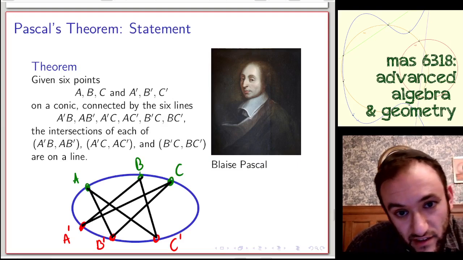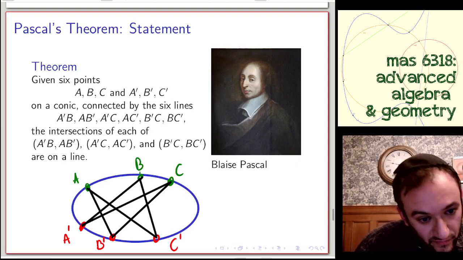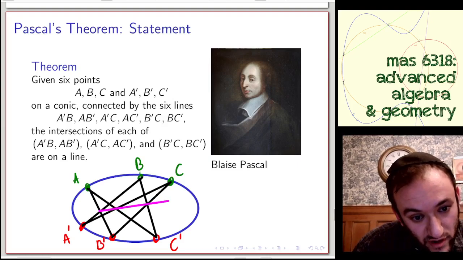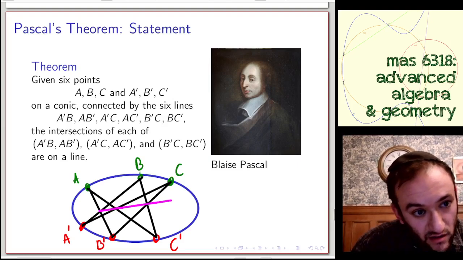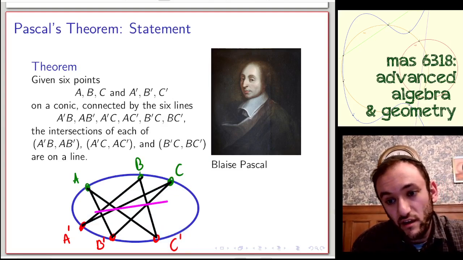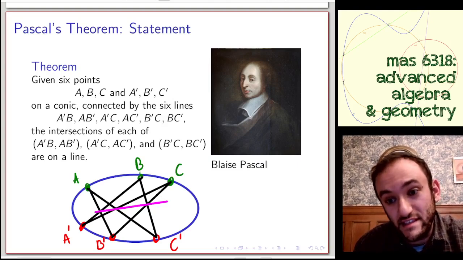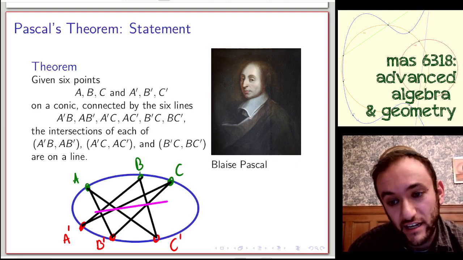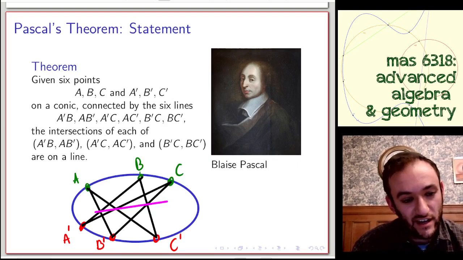Oh no, I don't think so, but I'll make it pink. This lovely theorem says that these 3 intersection points have to be all on the same line. That these 3 are collinear. Any 2 points lie on a line, but to say that 3 points generated in this unusual way have to lie on a line is a very surprising conclusion to come to.